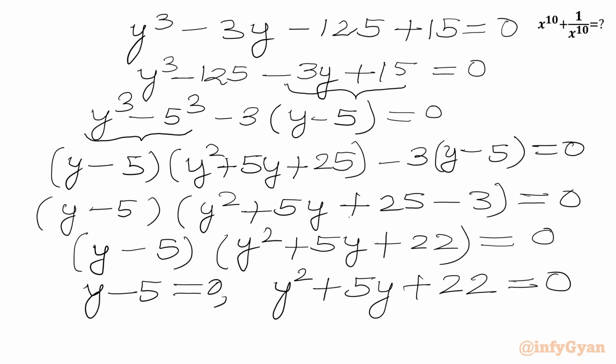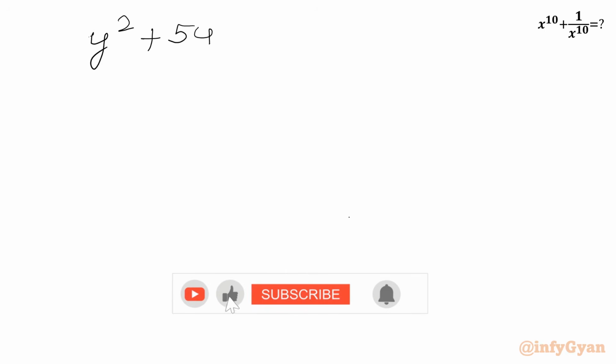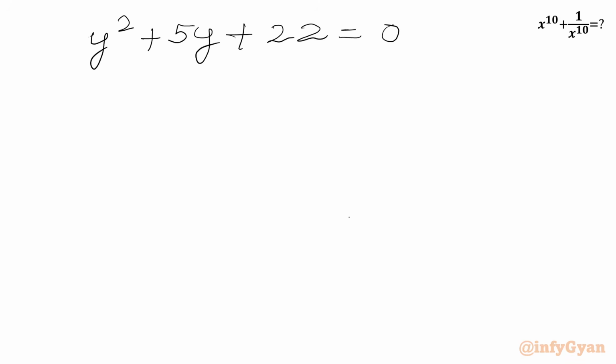I will begin with the second equation, y square plus 5y plus 22 equal to 0. Let us check the discriminant only, delta, which is b square minus 4ac. If delta is negative, then we are going to get complex solutions. So we can reject this quadratic equation.